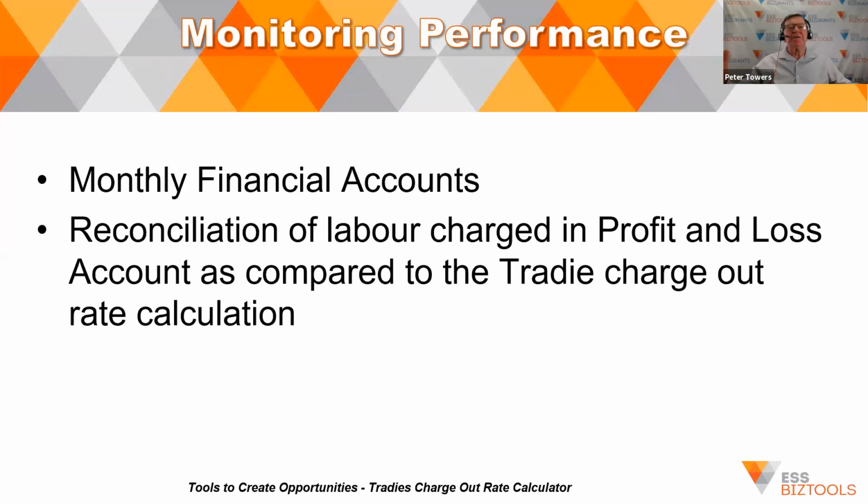You can probably develop a key performance indicator report where each of the team is showing their actual charge out hours for the month as compared to what was budgeted. So you can quickly highlight who's not performing to the level.